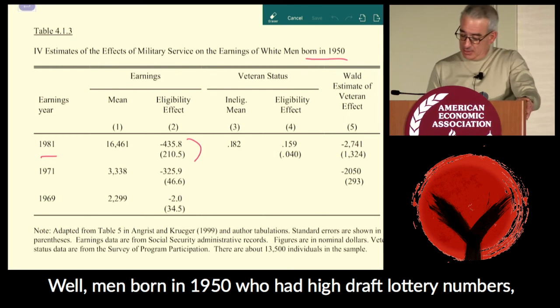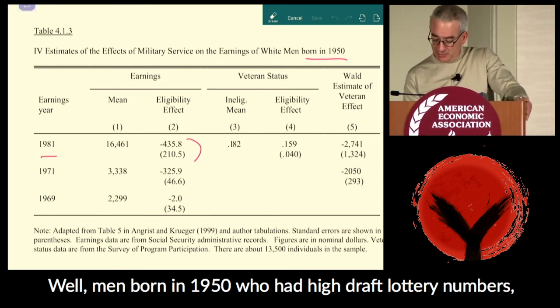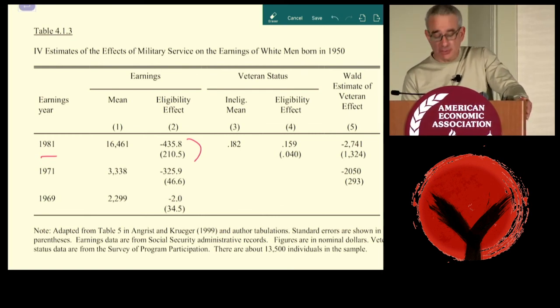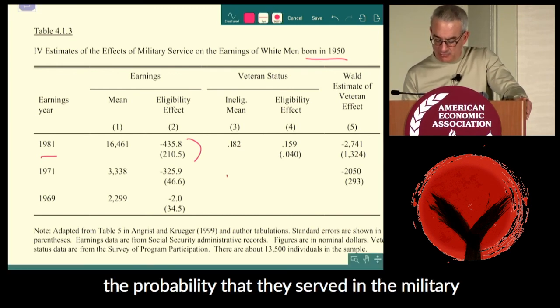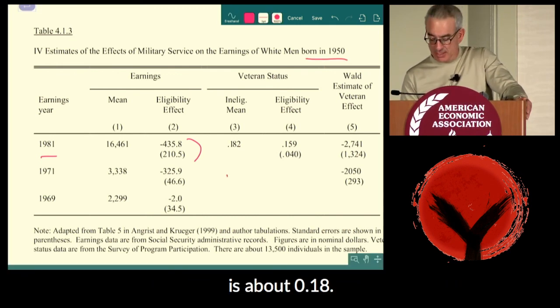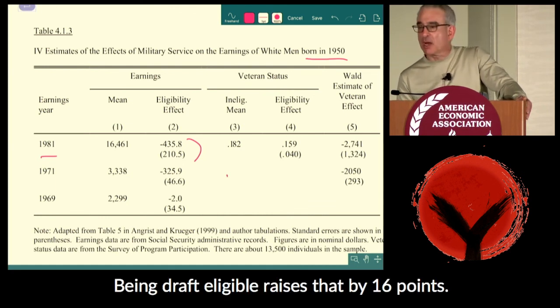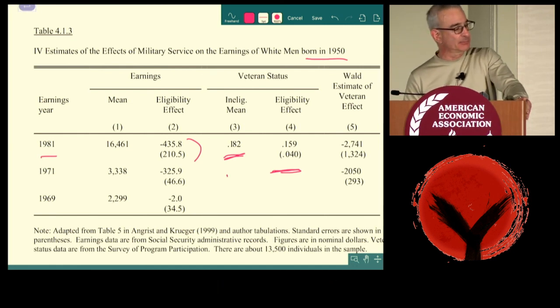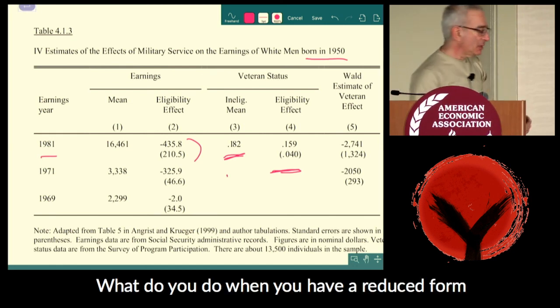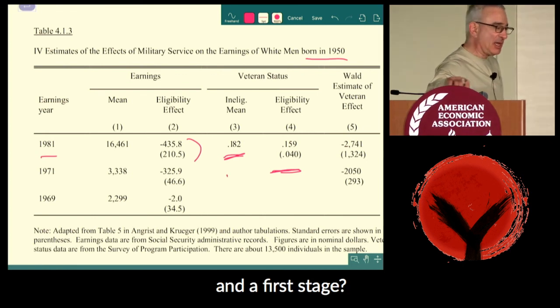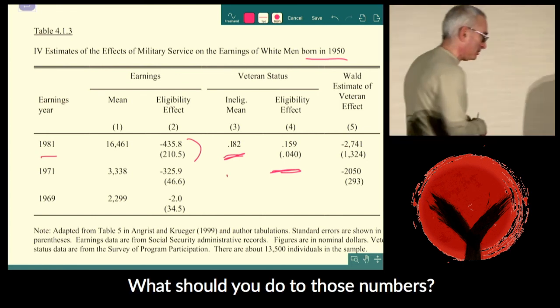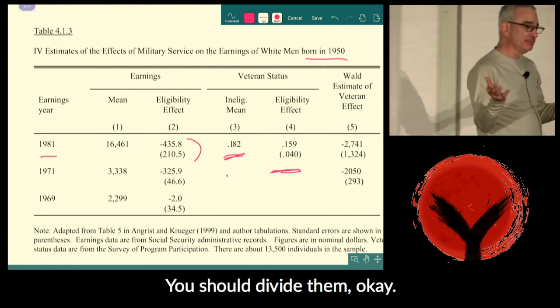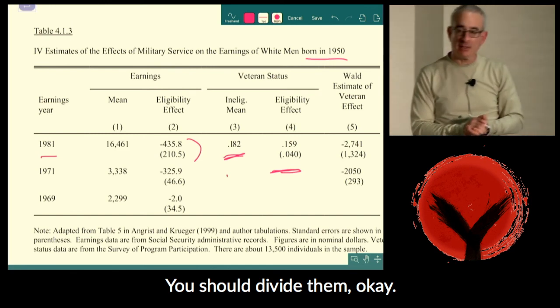Well, men born in 1950 who had high draft lottery numbers, the probability that they served in the military is about 0.18. Being draft eligible raises that by 16 points. That's the first stage. What do you do when you have a reduced form and a first stage? What should you do to those numbers? You should divide them. Okay?